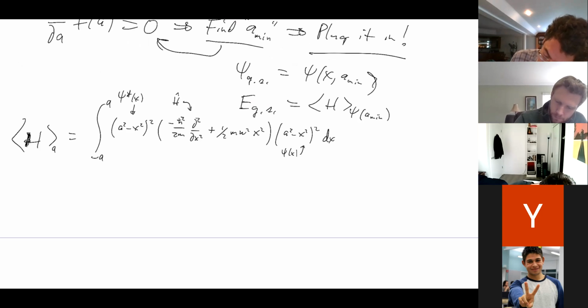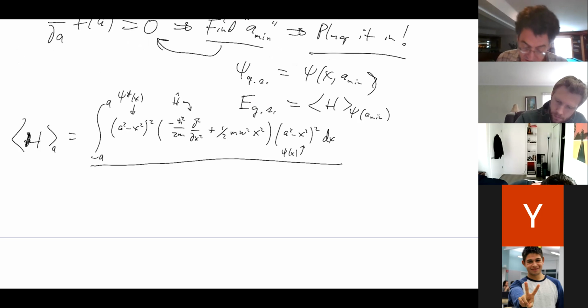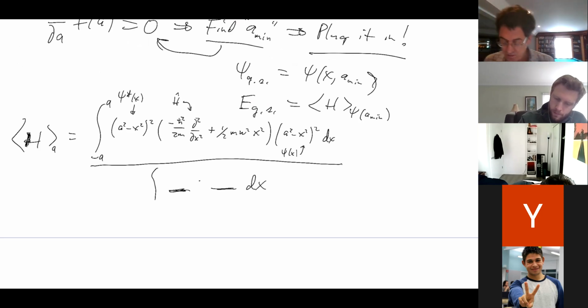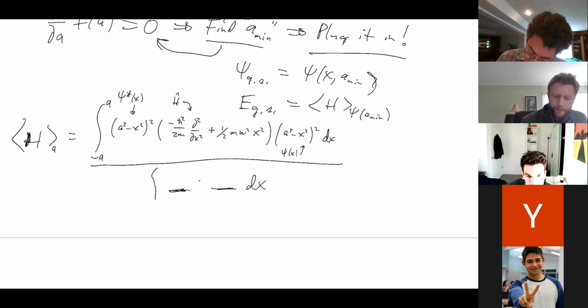This is how you ensure normalization: you divide by the integral of something times something. What do I divide it by? Psi star and psi. Exactly.